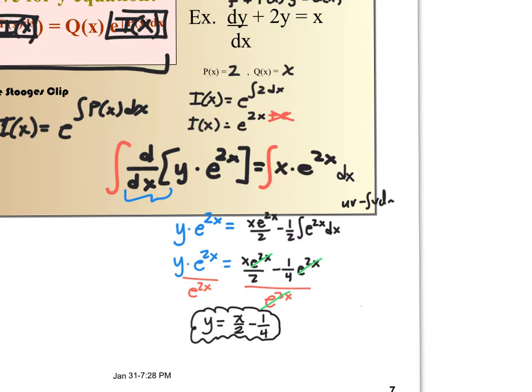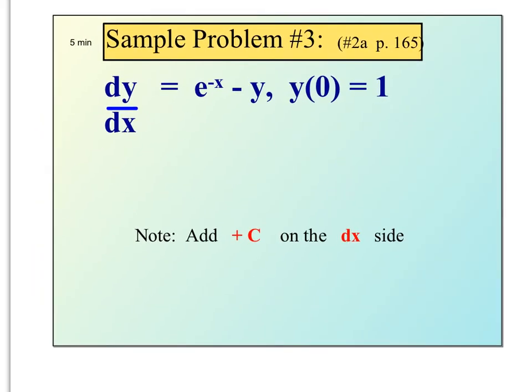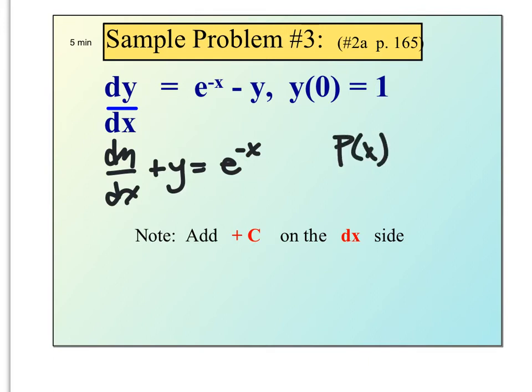Let's try another example. Okay, so dy dx. Alright, I want to get it in the form that I know, so I'm going to bring plus y over here and e to the negative x over there. So p of x, in this case, is the coefficient of y, which is 1. So p of x is 1, and q of x is e to the negative x. So let's do some work.